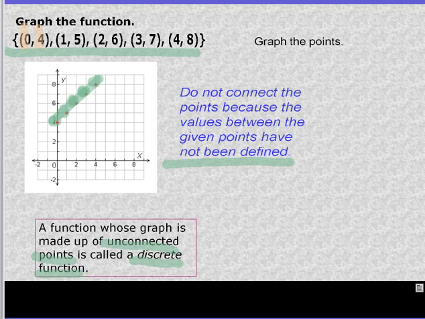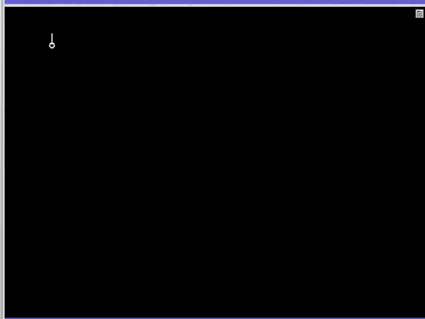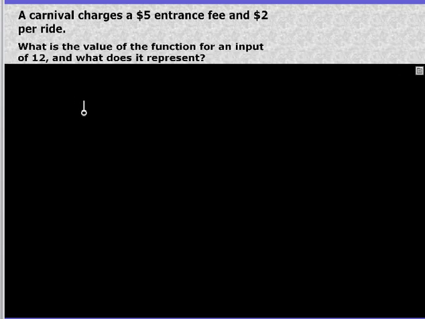Okay, so our last thing we're going to do is a carnival ride charges a $5 entrance fee and $2 per ride. What is the value of the function for an input of 12 and what does it represent? So we probably want to look at what the equation would be for this. So a carnival charges $5 entrance fee and $2 per ride.